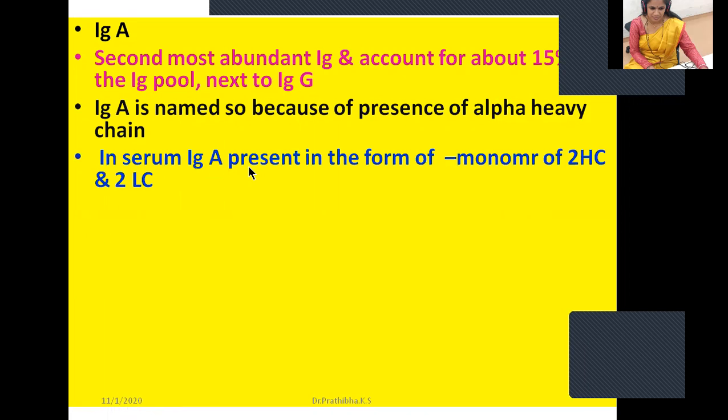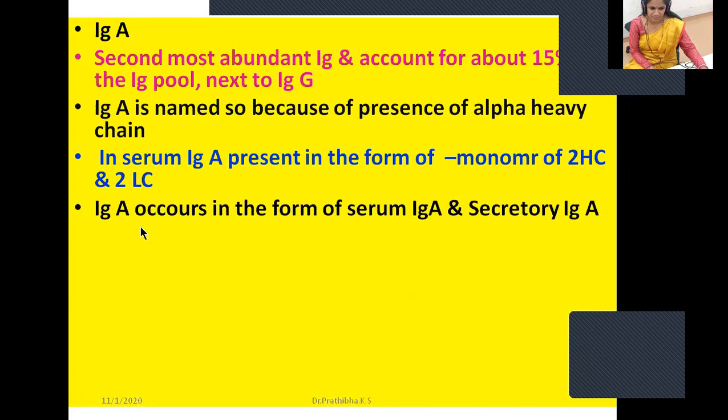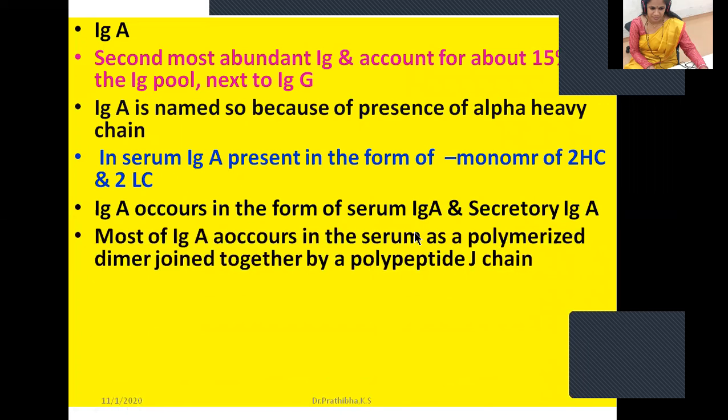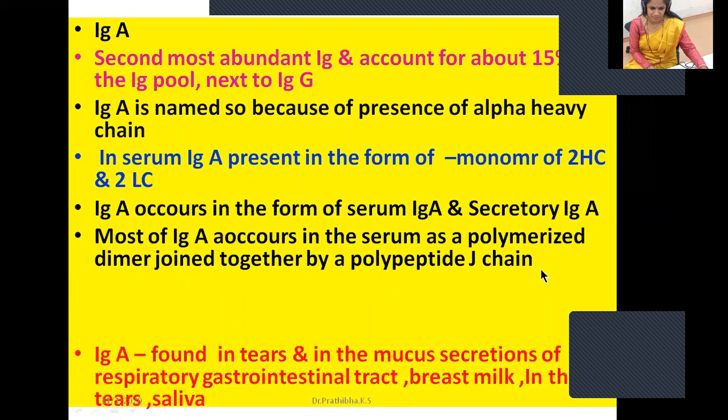In serum, immunoglobulin A is present in the form of a monomer of two heavy chains and two light chains. If you take any immunoglobulin, you can see the presence of two heavy chains and two light chains, which are connected by interchain disulfide bonds. IgA occurs in the form of serum IgA and secretory immunoglobulin A. When these join together, we say that as the dimeric form of immunoglobulin A. Most immunoglobulin A in the serum is a polymerized dimer joined together by a polypeptide J chain.